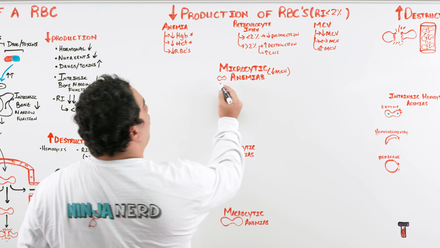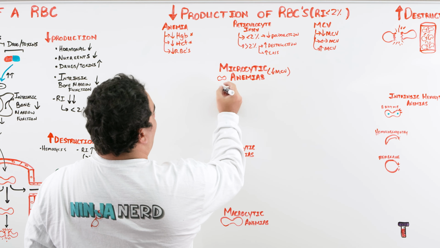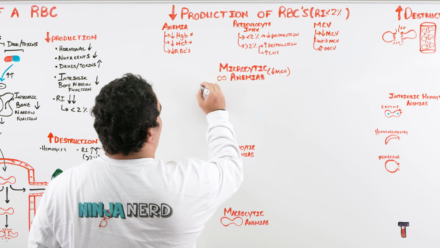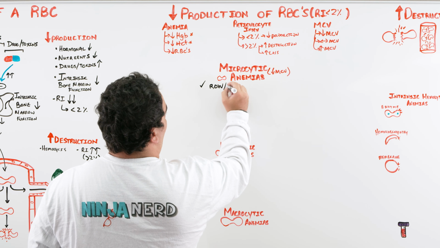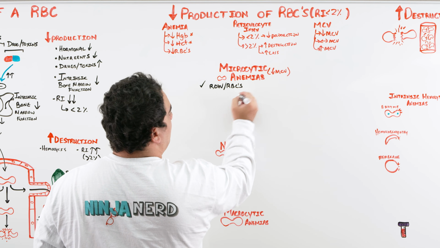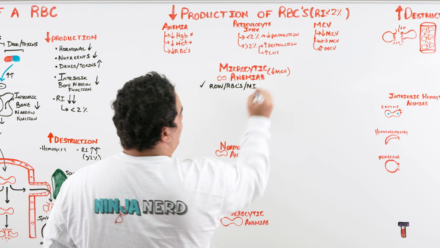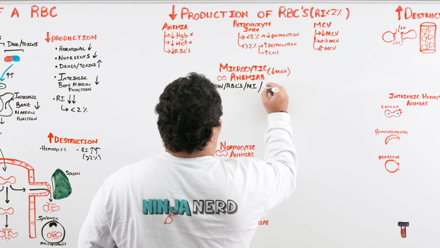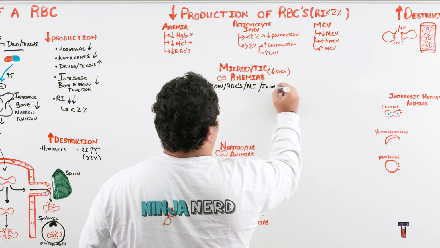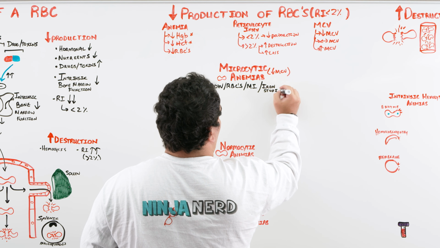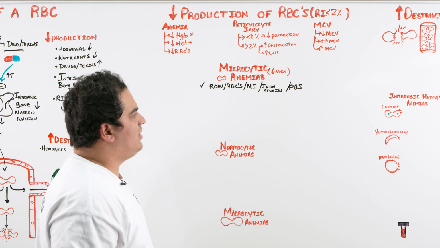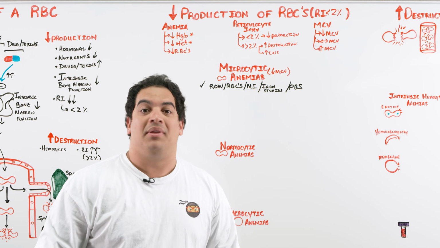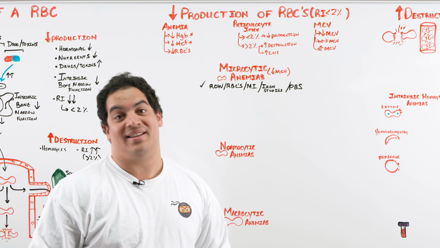The tests that I will order for these patients: I'll check their RDW, I will check their red blood cells, I will check what's called their Mentzer index. I will check iron studies. And then I will also look at what's called a peripheral blood smear. And then I'll also take into consideration their history. But these are the basic things that I'm going to test.